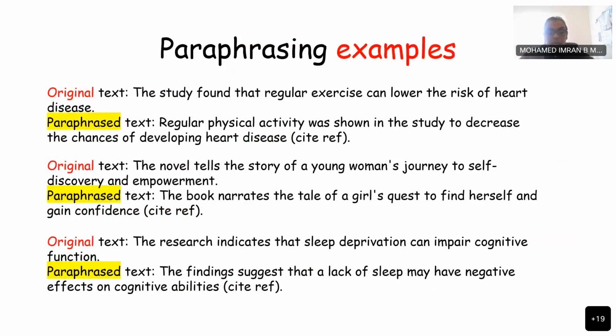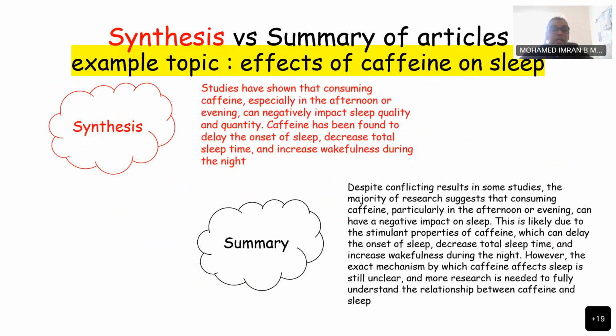Okay, and then we have also covered the synthesis part. Synthesis is not more general, it's more focused as compared to summary. Summary merely highlights how many people have said this, but there is no explanation of why people have done that. For example, losing weight: yes, people have lost weight through running, cycling, swimming, but why is this important?